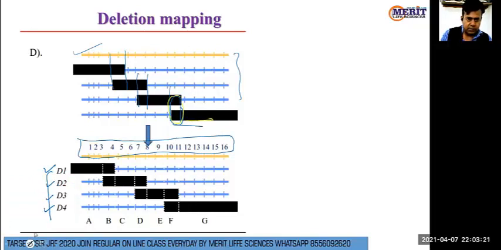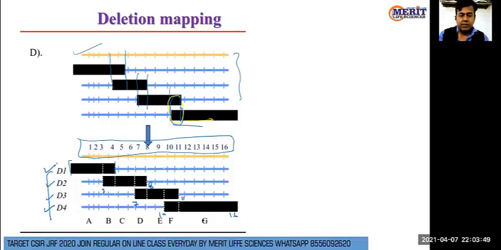So what can you conclude? Deletion 1 is from 1 to 4, deletion 2 is from 3 to 8, deletion 3 is from 7 to 11, and deletion 4 is from 10 to 16.